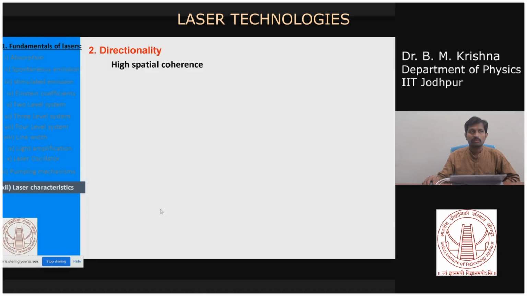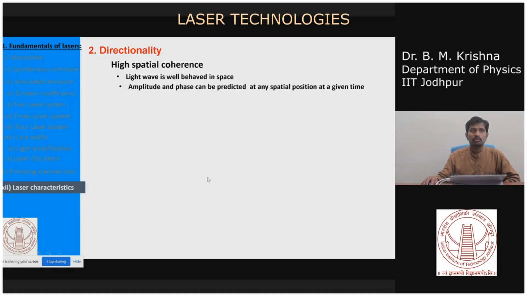The spatial coherence, how the directionality gives spatial coherence. Spatial coherence means the light wave is well behaved in space. The same thing we studied with temporal coherence, where it is well behaved in time. Your amplitude and phase can be predicted at any spatial position at any given time.